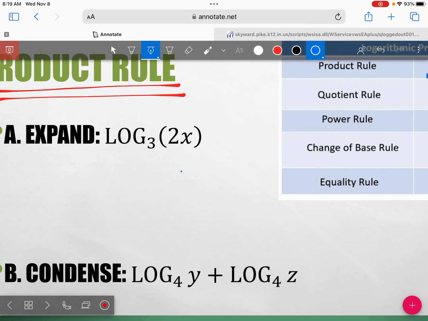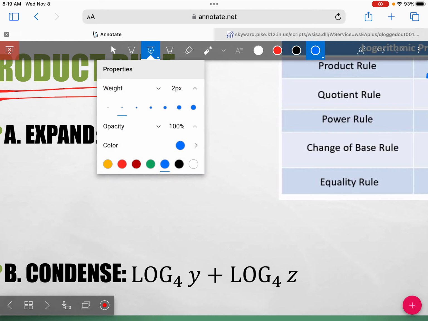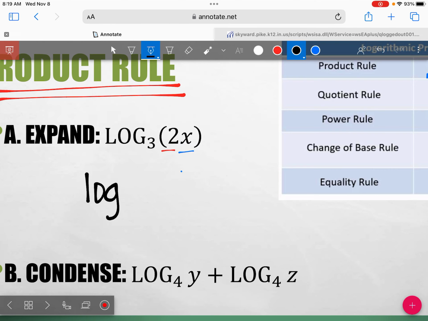We have 2 times x, and that's going to expand. I'm going to break apart the 2 and the x. What's really important is that you understand that when you expand it, that does not mean we just put a plus sign between the 2 and the x. That is not expanding it. When you expand it, each term gets its own log. So it becomes the log base 3 of 2 plus the log base 3 of x. So the 2 and the x each gets a log when you expand it correctly. This would be your final answer.